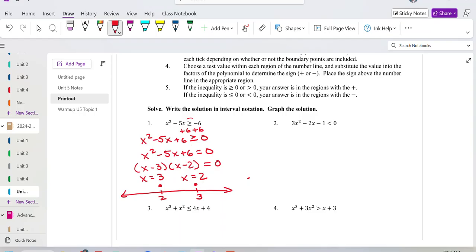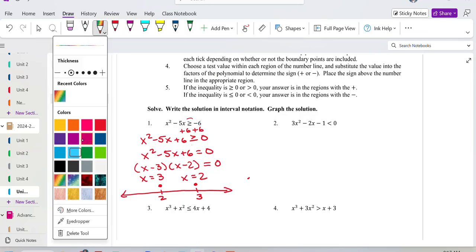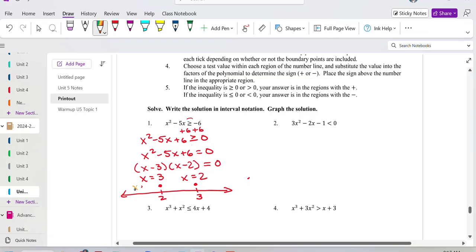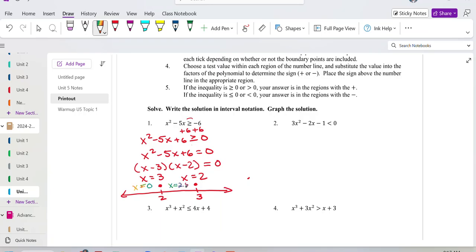Now we have to test numbers inside the intervals. For example, a number less than 2 would be like 0. A number between 2 and 3 would be like 2.5. A number greater than 3 would be like 4.